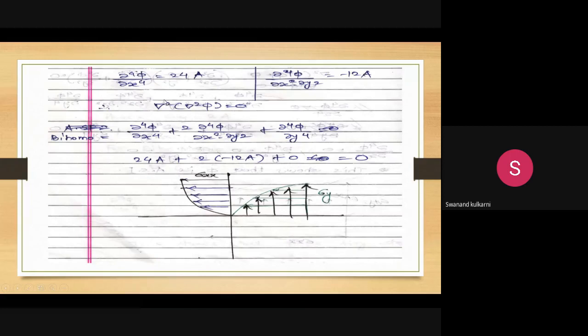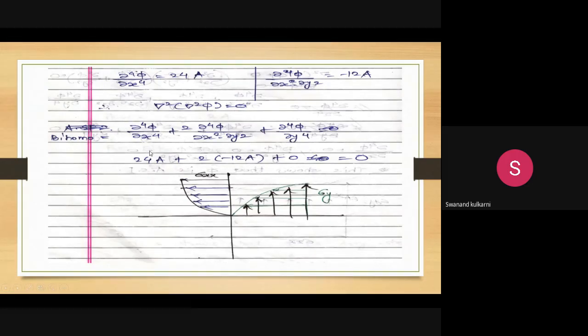Now, if we are considering ∇⁴φ equal to 0, that indicates that ∇²(∇²φ) is equal to 0. That means if we expand this bracket, then ∂⁴φ/∂x⁴ plus 2 times ∂⁴φ/∂x²∂y² plus ∂⁴φ/∂y⁴ equals 0.